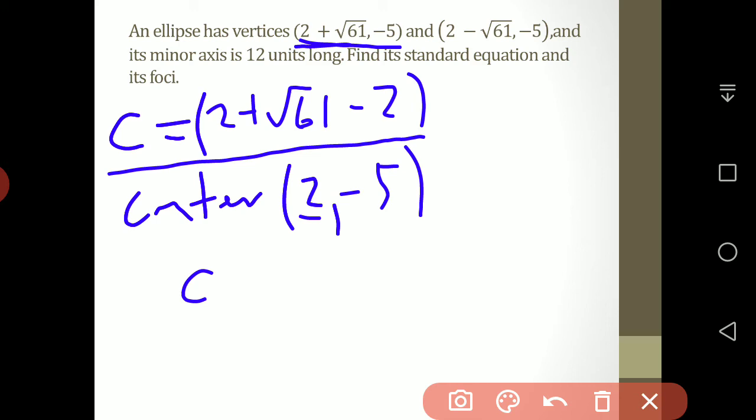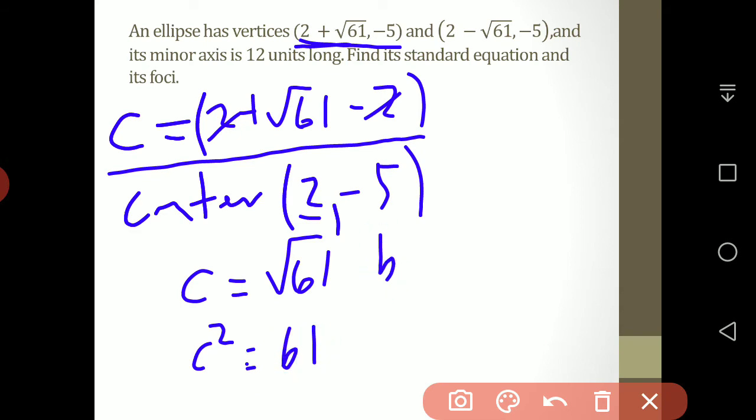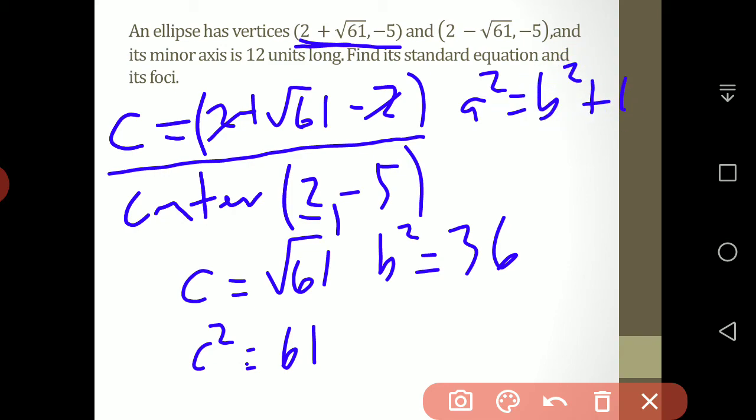So C now will be equal to square root of 61. So C squared is equal to 61. Remembering that B squared will be 6 times 6, 36. So A squared is equal to B squared plus C squared.